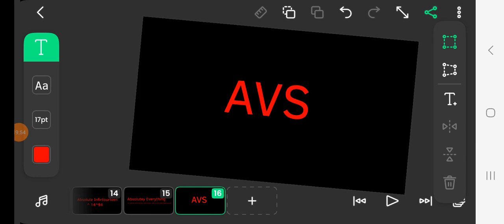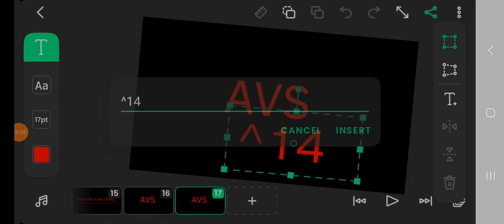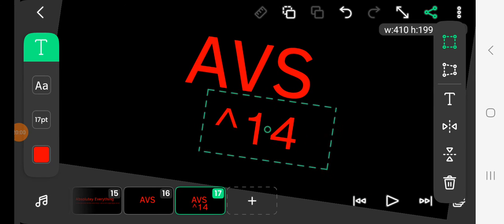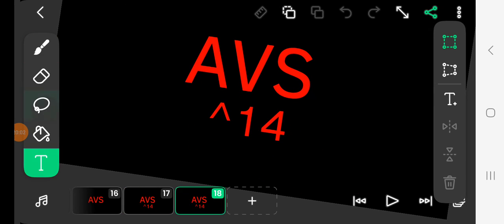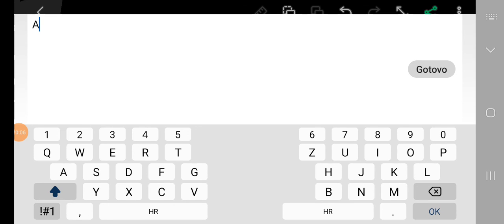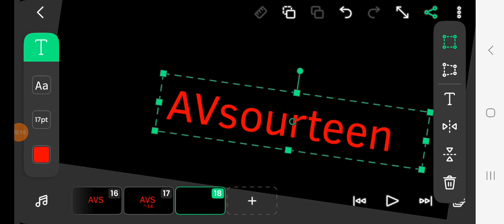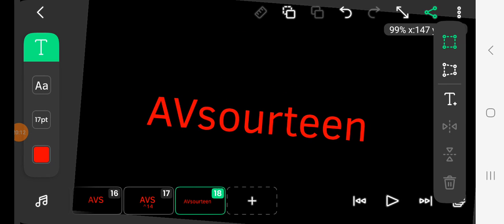And if we take RVS to the power of 14, we should get AVS 14, I think. We should get this number right here.